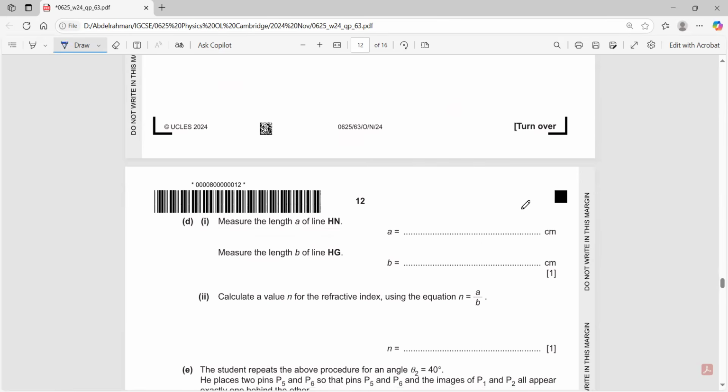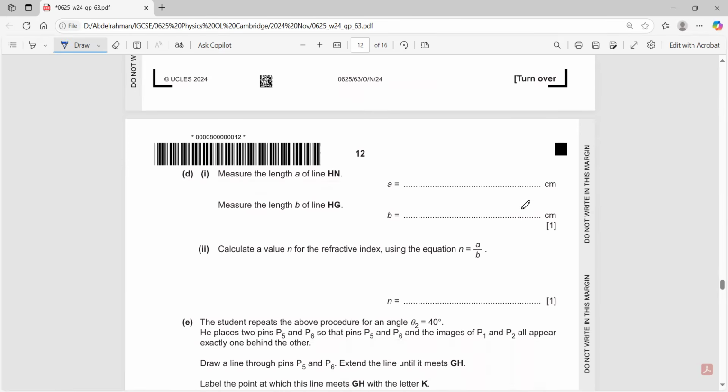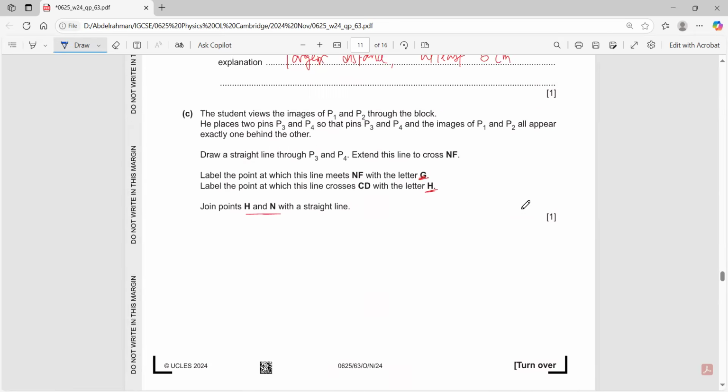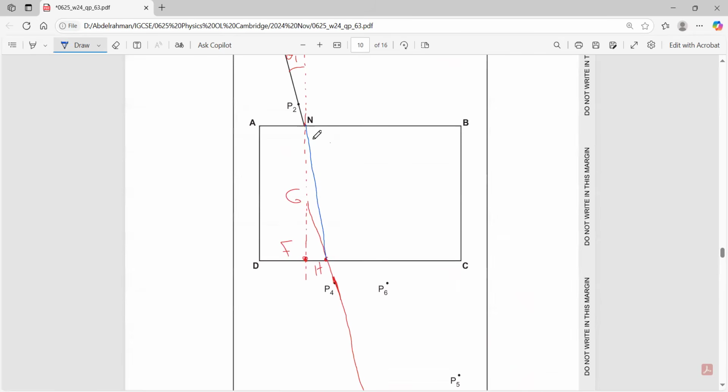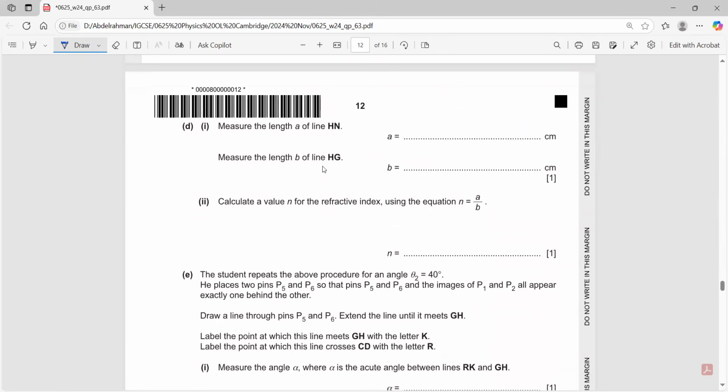Can I measure HN and then HG? Yes. HN is 6.1, and the other distance, HG, is 4.2.